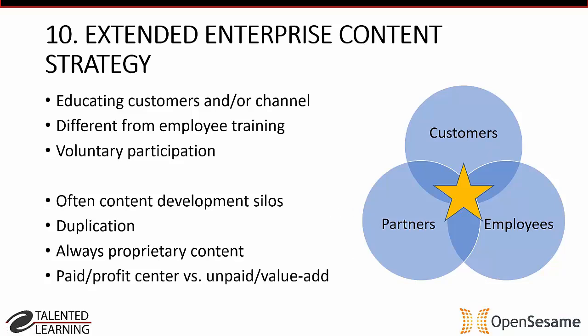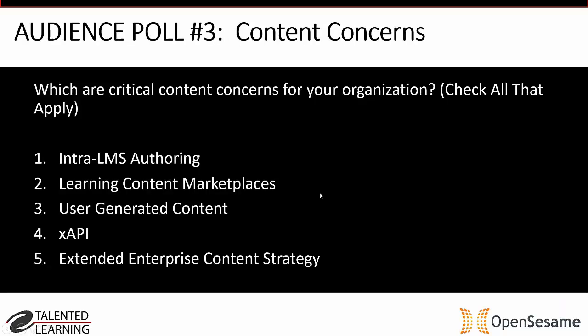So that's where I see a lot of organizations spending time, money, and effort is trying to sort through that. And it's a great place that strategically you'll find a lot of value in your organization.